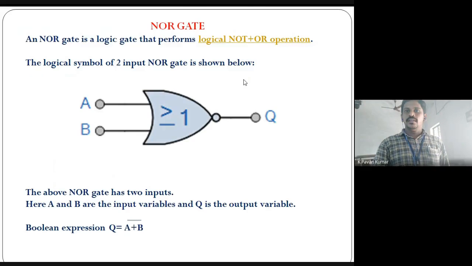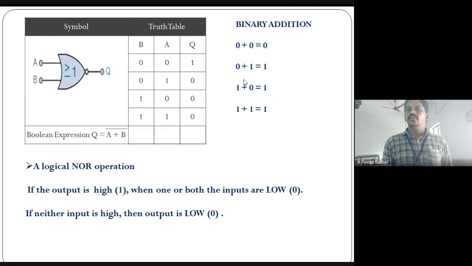That means you have to look at the table. In the previous OR gate, we add two binary digits in four combinations: 0 plus 0 equal to 0, 0 plus 1 equal to 1, 1 plus 0 equal to 1, and 1 plus 1 equal to 1. In this binary addition, we require the complement of these numbers, that means A plus B whole bar, the negated OR gate.